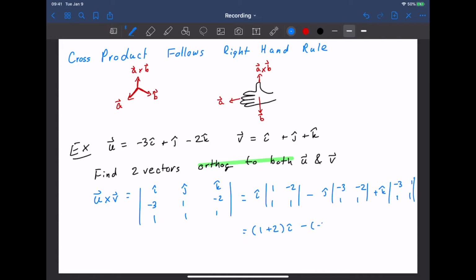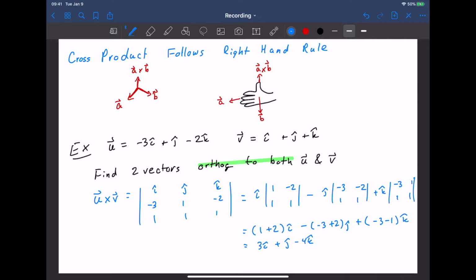Minus 3 plus 2, j hat, plus minus 3 minus 1, k hat, or 3i plus j minus 4k.